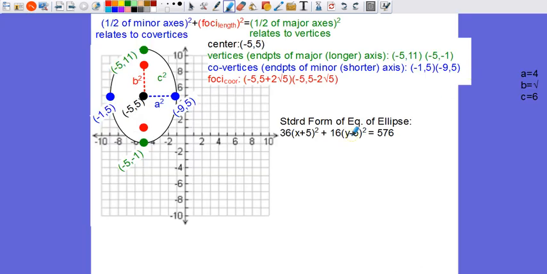Now over here is the same idea, except now we're adding and subtracting whatever we get for the foci length to the y-coordinate of the center, because the red dots are up and down from the black dot. And that's how I got this.